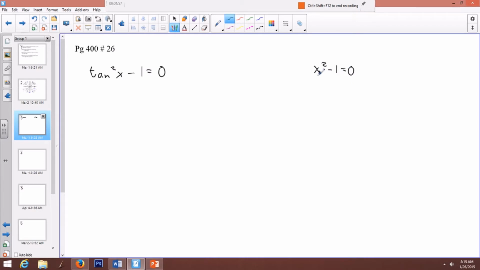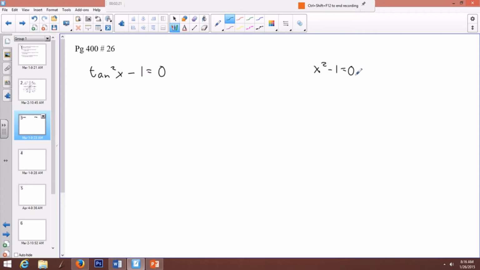I'm going to solve this expression the same way I would solve this simple quadratic expression. I'd add 1 to both sides and then take the square root of both sides, keeping in mind that all of those trig functions, tangent included, are grouping symbols. So they are at the top of the order of operations. So when we're solving, they are always done last.